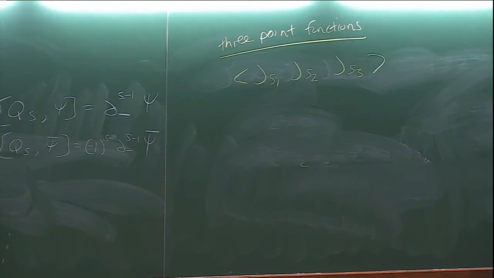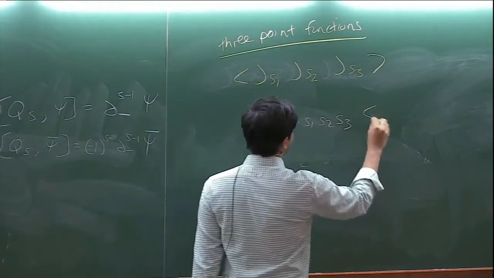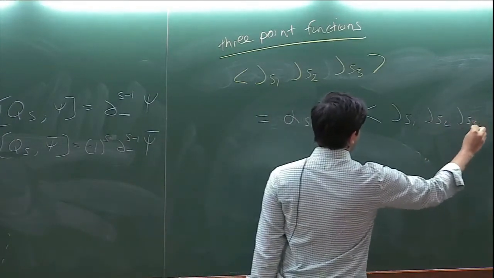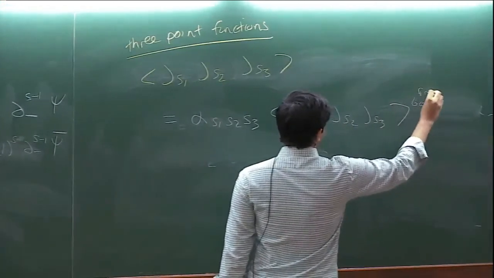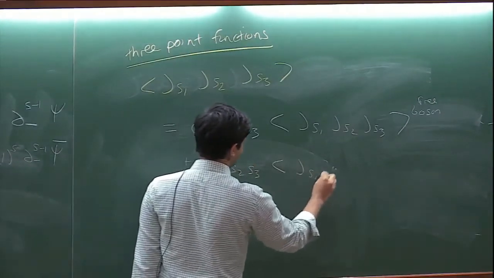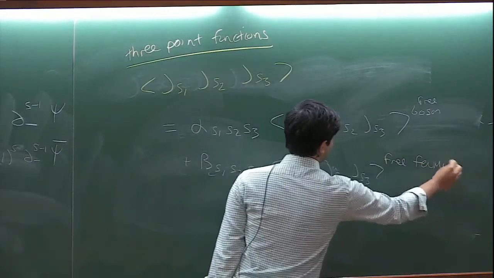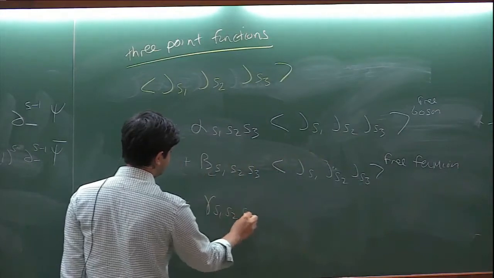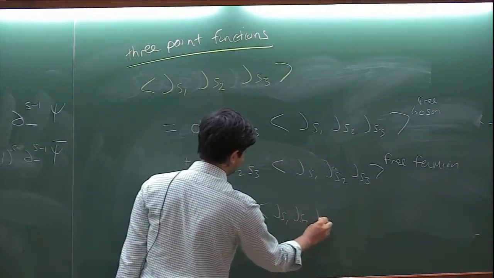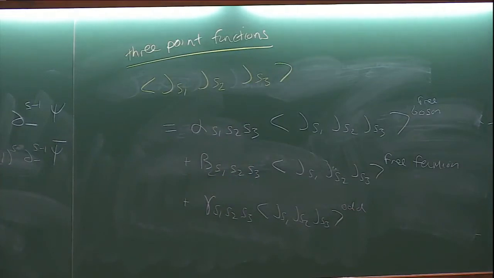If you require the currents to be exactly conserved and conformally invariant, one can show that there are three allowed forms for the 3-point function: the form you would get in a theory of a free boson, the form you would get in the theory of a free fermion, and an additional parity odd term, which also exists, and that's what arises at one loop in Chern Simons theory.